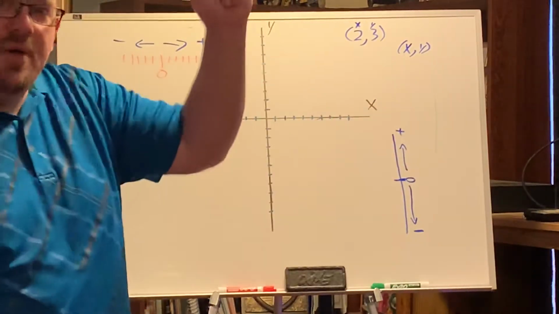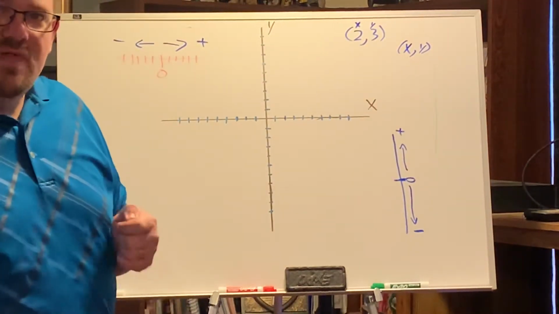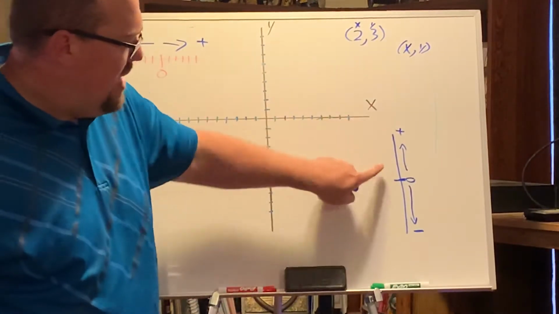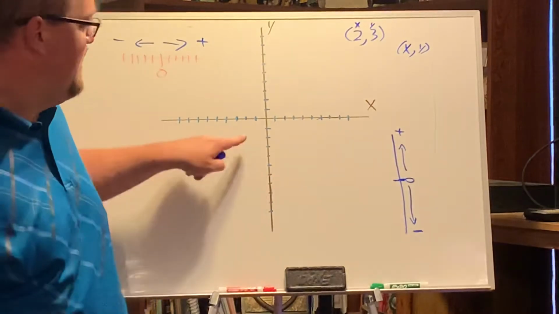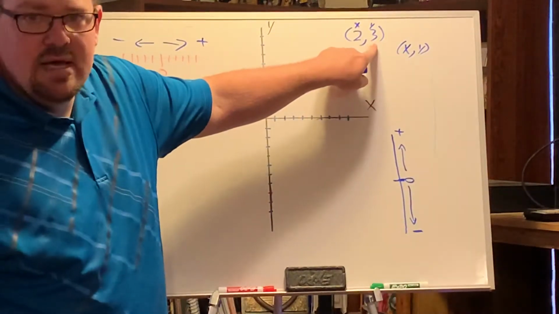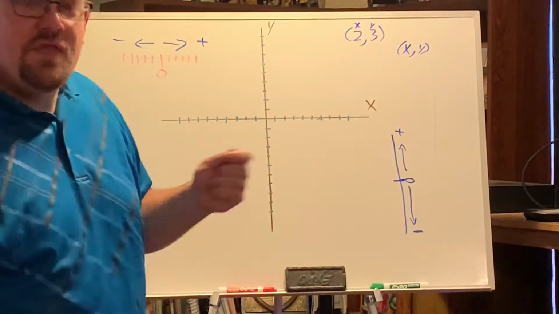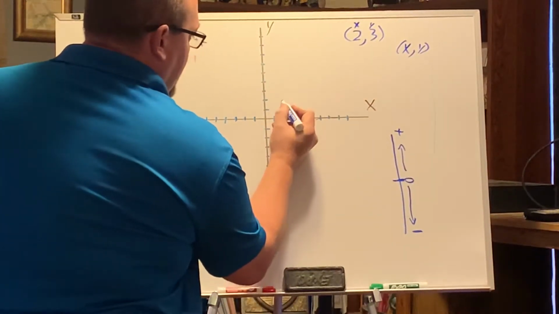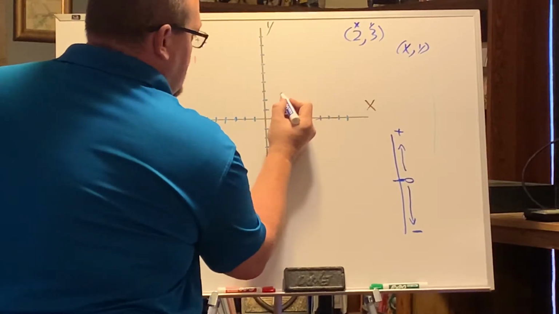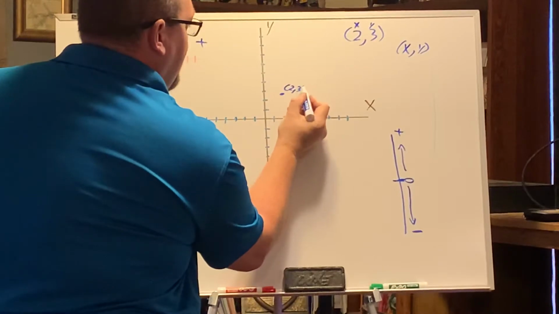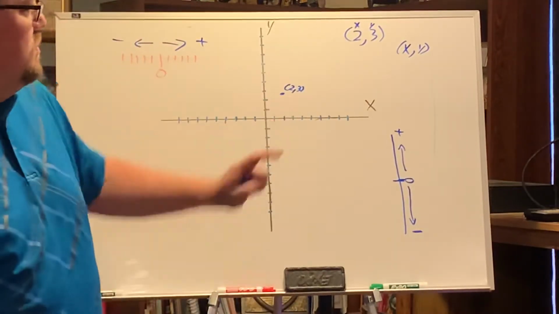So are we going to go up or down? What do you think? Up. Yes. Up is the realm of the positive. Down is the realm of the negative. So from this point, we're going to count up 3 spaces, because our y value is a 3. We started here, 1, 2, and we're going to go up 1, 2, 3. So this right here is the point (2, 3).